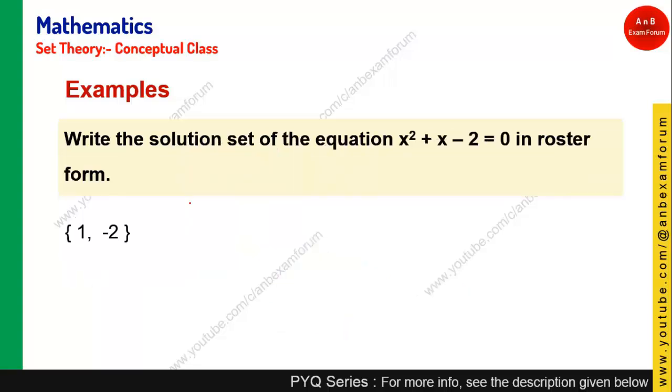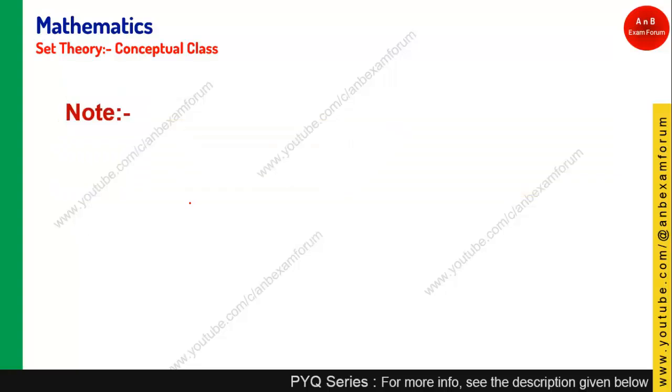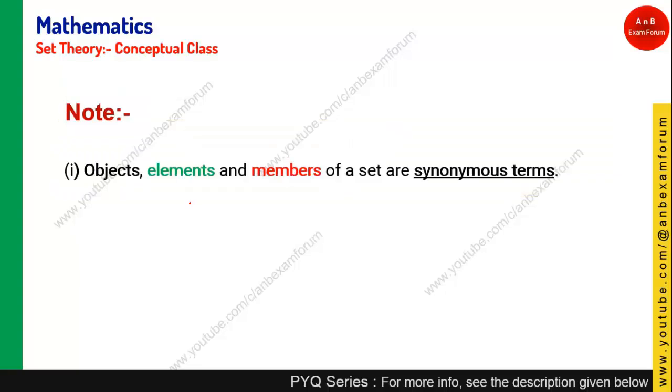Coming to the next question, this we have already seen. A few things you should note in set theory: object, elements and members are synonymous terms. You must have seen in the previous slides that I am always saying either objects, elements or members.